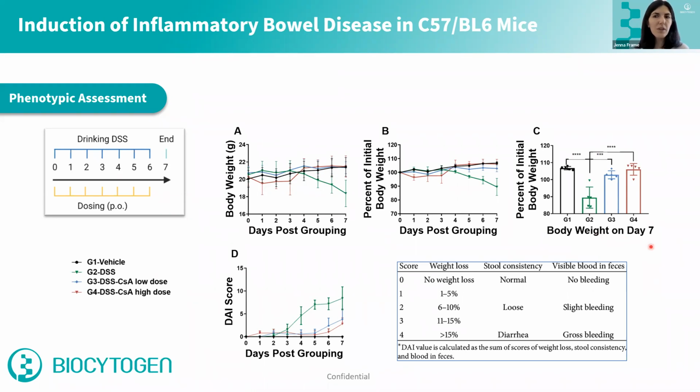And this weight loss was really ameliorated in the mice treated with cyclosporin A, shown here in blue and red. In terms of the disease activity score, the mice treated with DSS alone had worsening disease over time, while the mice treated with cyclosporin A, as shown again by the blue and red, experienced less severe symptoms.